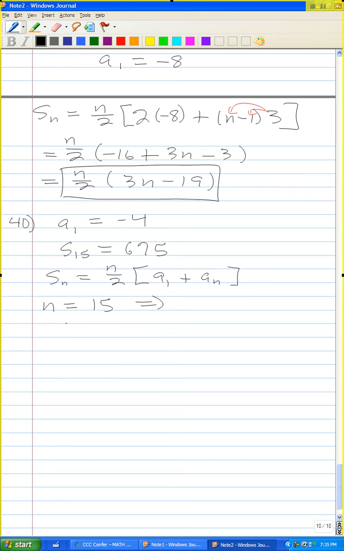When n is 15, S sub 15 equals 15 over 2 times a1 plus an. Well, S of 15 I know is 675. A1 I know is negative 4.